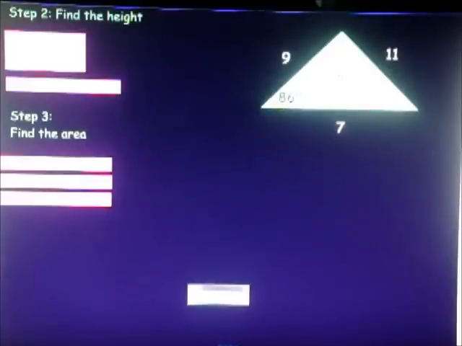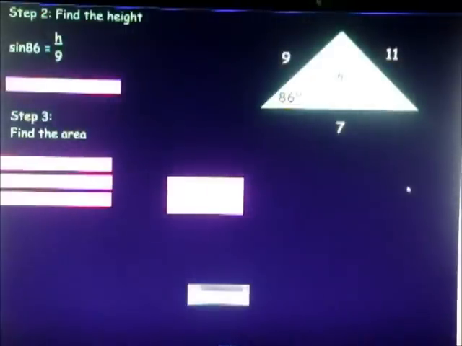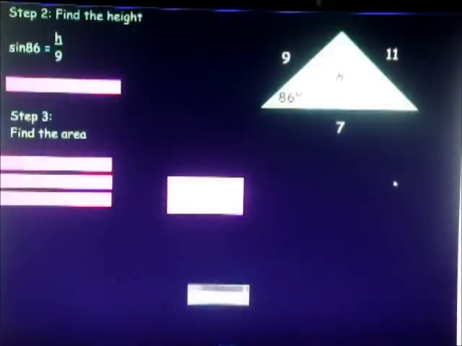I know that the height is the side opposite that angle, and I know that the 9 is the hypotenuse of just this half. So opposite over hypotenuse means I use sine. Now notice, this is not law of sines or law of cosines. This is just what we already know. And just to reiterate, we can't split the base and do what we did because this triangle is not isosceles.